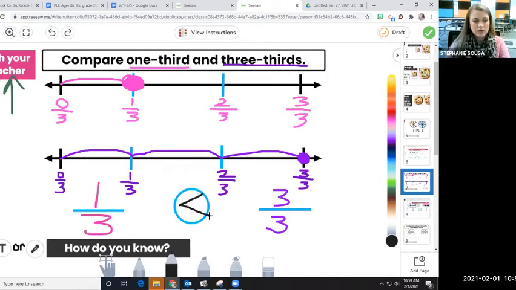So 3 thirds is larger. So this would read 1 third is less than 3 thirds. Are there questions about why that is true? Any questions?